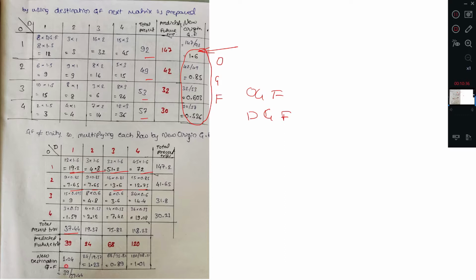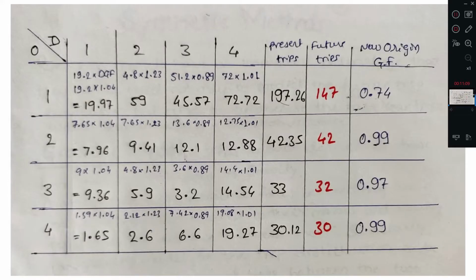So new growth factors are 1.04, 1.23, 0.89 and 1.01. So here also it is more than 1, right? And it is not unity, hardly one value we have got near to 1 or unity. So what we can do again, these destination growth factors we need to multiply for the entire column and get the new values of trip distribution among these zones.